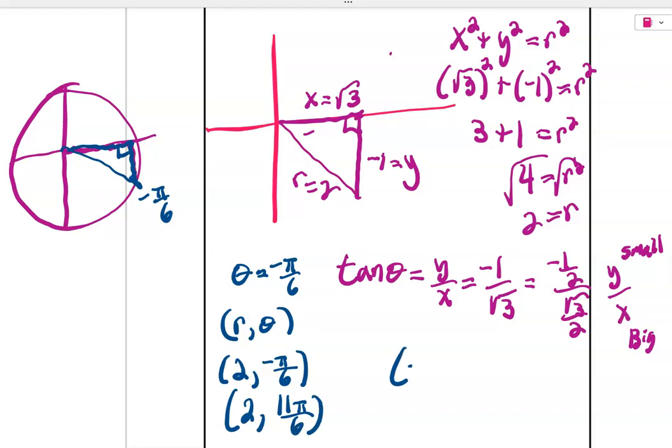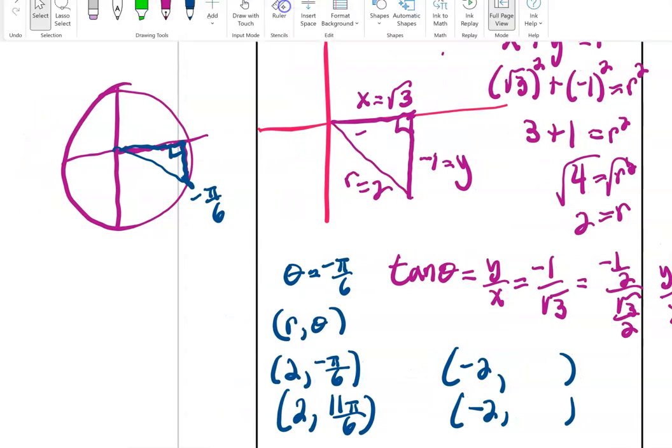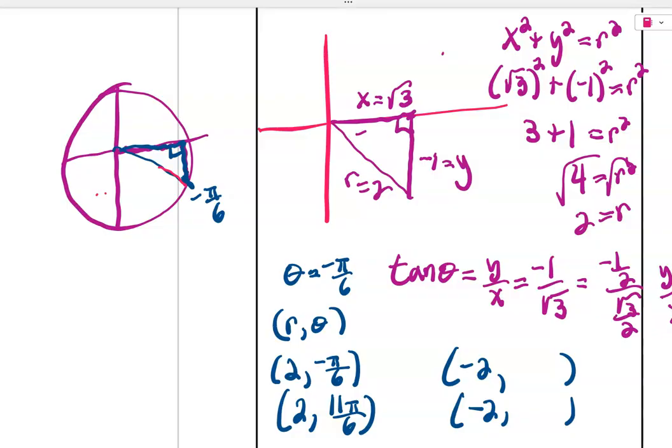But what if the directions said, no, I want you to also tell me where the negative r's coordinates are going to happen? Well, guys, listen, you're going to have to go backwards with the same reference angle, right? That's what a negative r is going to have. So that's going to be right here.